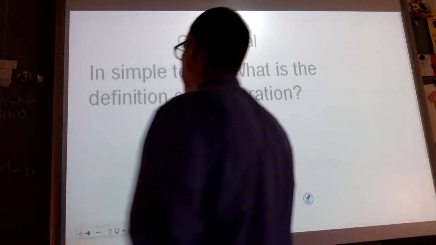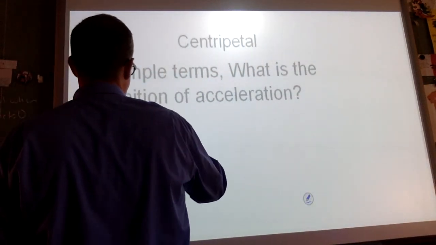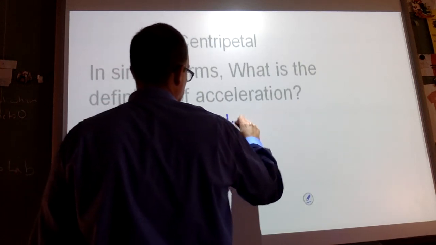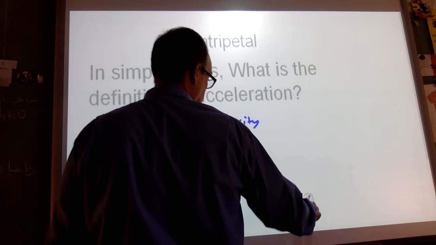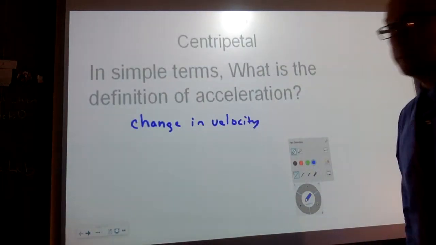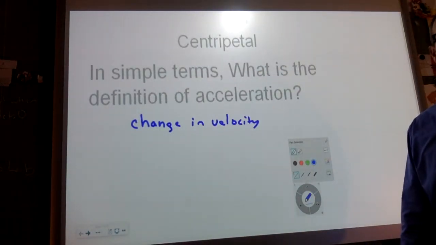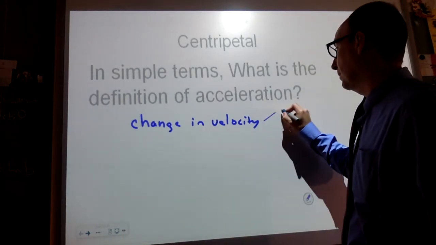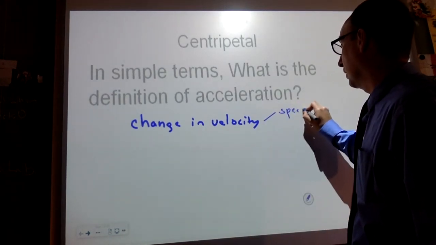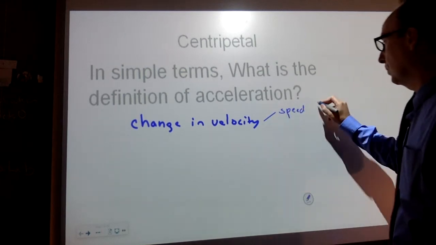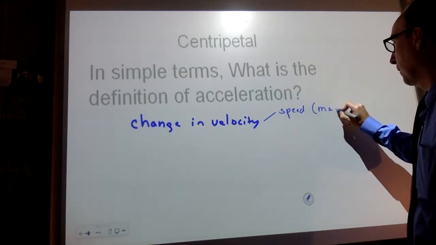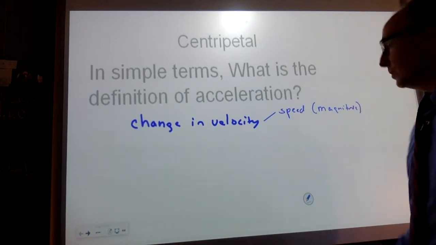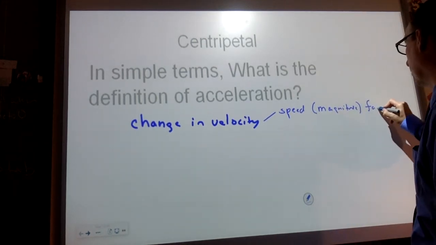The definition of acceleration is a change in velocity. How can velocity change? Well, it can change in two different ways. Velocity is made up of a magnitude, which is the speed, so it could go faster or slower.